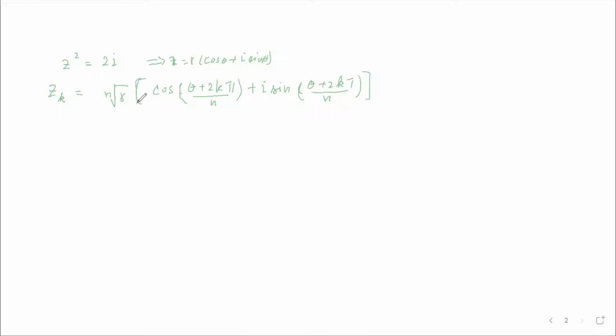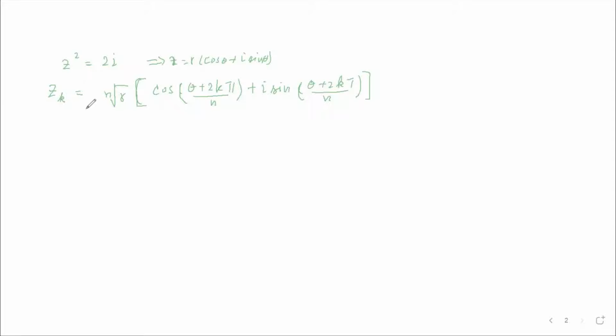This is the whole thing here. So this is a formula, a shortcut. If we have a complex number, we find the root of the complex number. It can be used for any square root, cube root, fourth, fifth and sixth root.